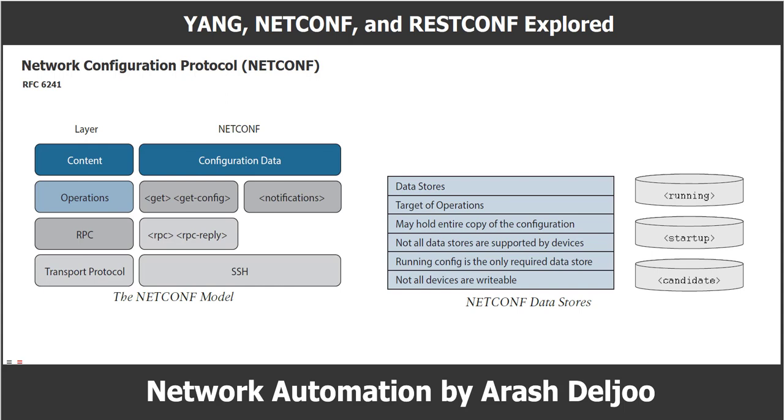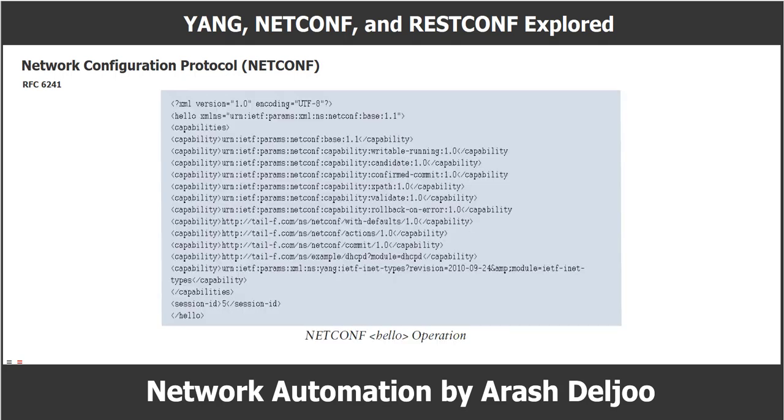The initial content of the hello message defines the NETCONF capabilities that each side supports. The YANG data model defines capabilities for the supported device. In addition, other standards bodies and proprietary specifications define capabilities. This figure provides an example of the NETCONF hello operation.